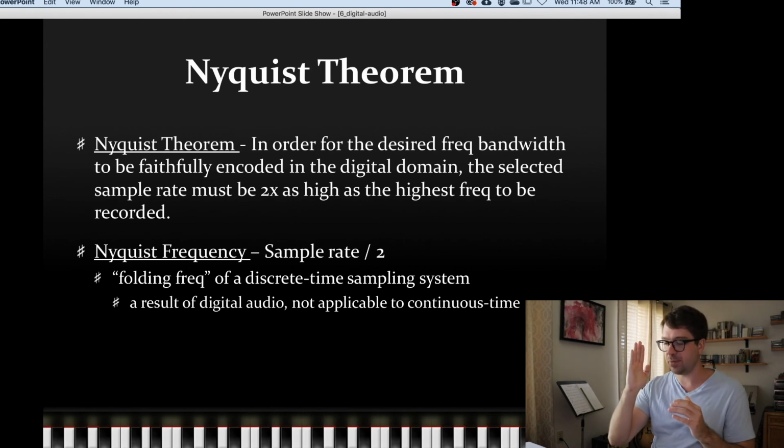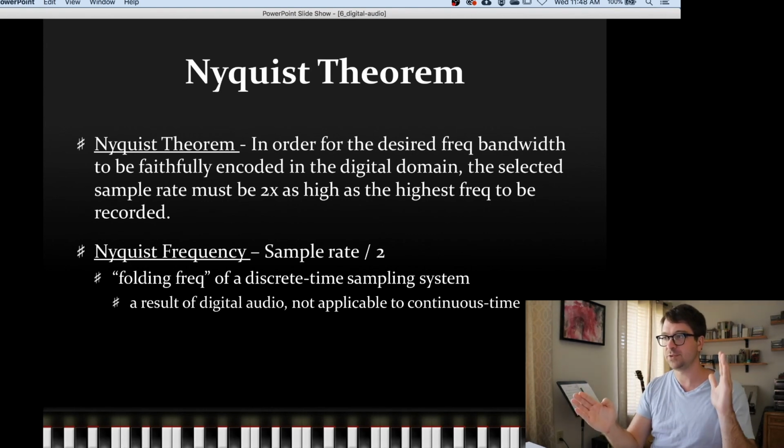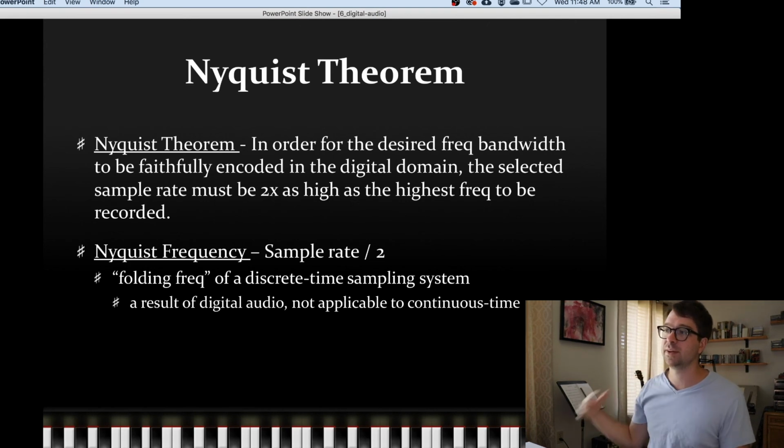The human range of hearing is from 20 hertz to 20,000 hertz. So 20,000 times 2 is 40,000. According to the Nyquist theorem, to make a recording that is faithfully encoded, we have to record with a sample rate of at least 40,000 measurements per second.